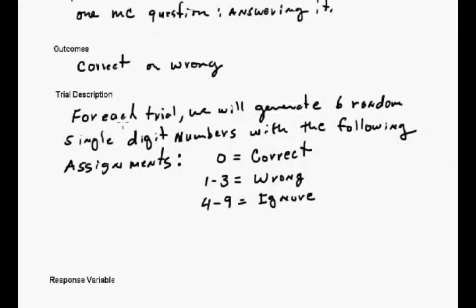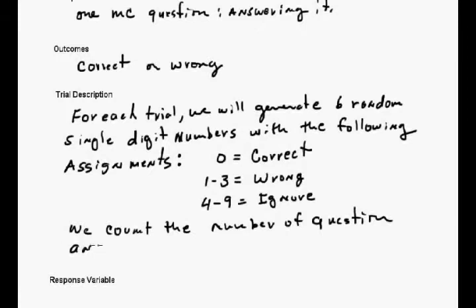Okay, so let's see if we captured everything. For each trial, we will generate 6 random single-digit numbers with the following assignments, and we will count the number of questions answered correctly.